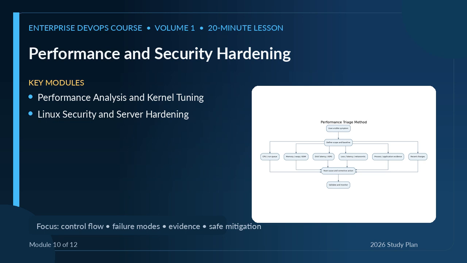The module on Linux security and server hardening establishes the following ideas. Hardening is a lifecycle: secure build, identity control, patching, service minimization, network policy, mandatory access control, and audit. A checklist is useful, but each control must be tied to the threat model and application requirements.